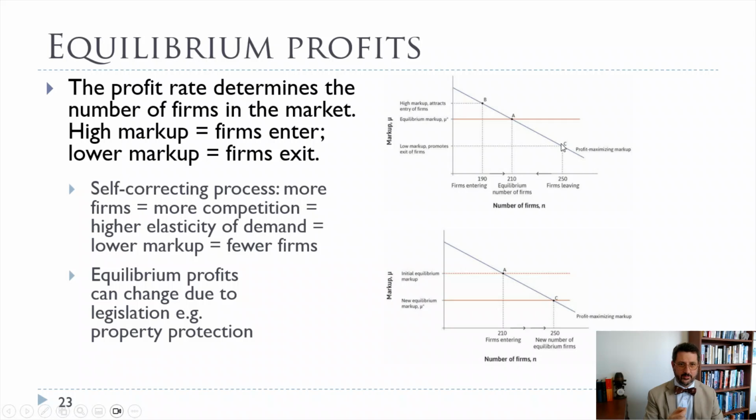We have that profit maximizing markup. And so the equilibrium then is where we have that equilibrium number of firms. And so when we get a higher markup, then we end up pushing our price setting curve down, and we end up with more firms.